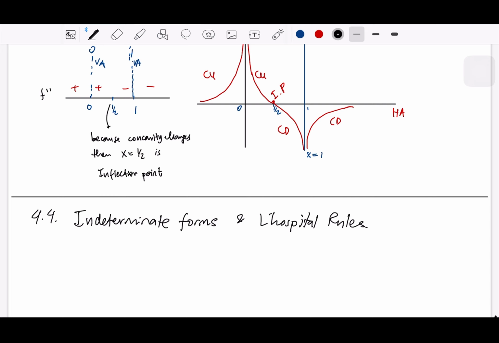So we will have the indeterminate form in a limit. So we will have a limit problem. And how to solve that limit problem is one technique called L'Hopital. So let me give you some idea.